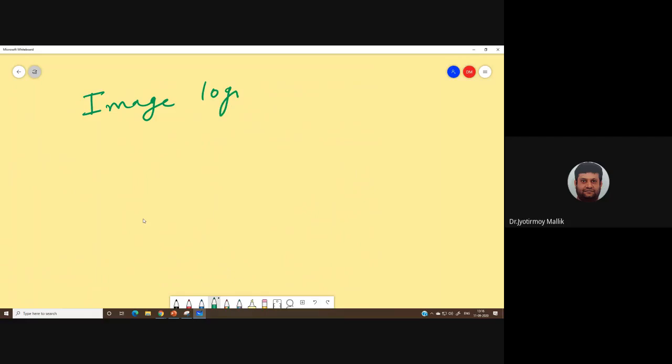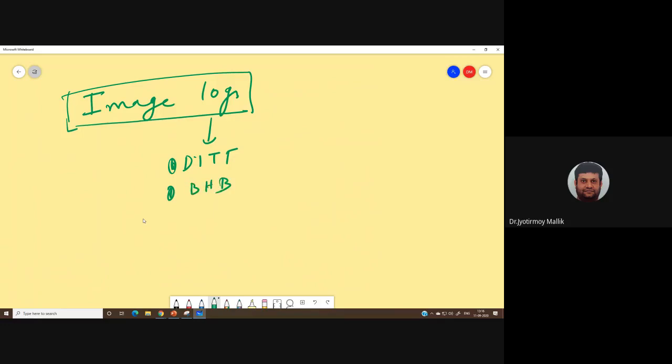Okay, so these are some geophysical logging techniques by which you can take literally pictures of the borehole, and you can determine where the DITF or the borehole breakouts are present.